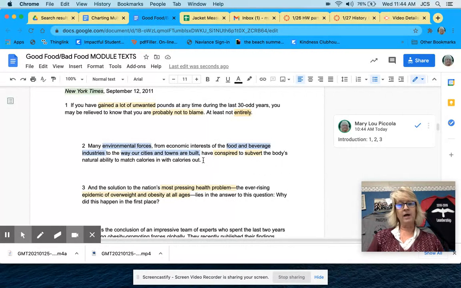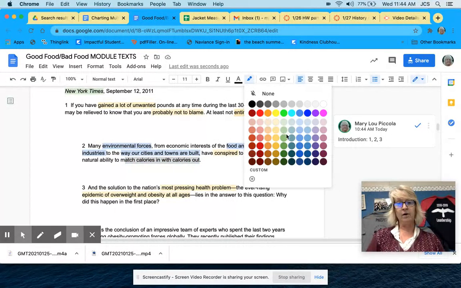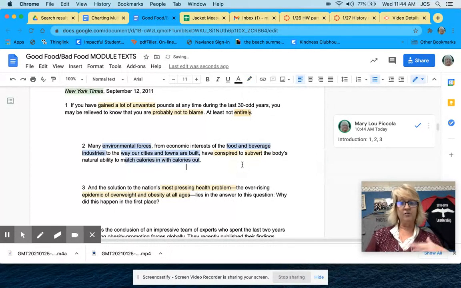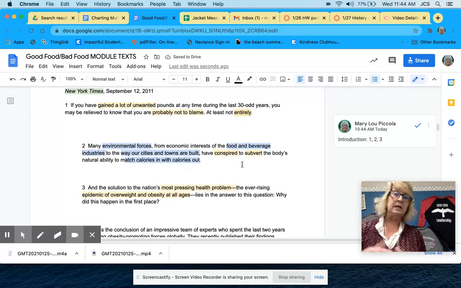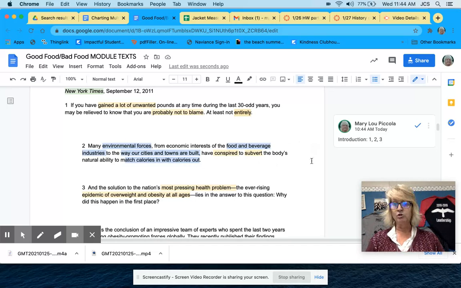And then also I am going to highlight calories in and calories out. Because I don't know if you remember, in any kind of a health class, usually calories in, calories out need to kind of match so that you can keep your weight down. So I'm going to highlight those in blue.